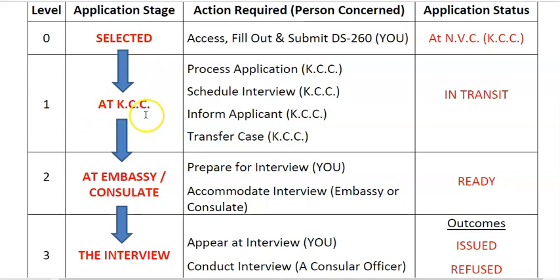As you can see in our diagram, after being selected and after being submitted, then your case now arrives at KCC. Now at KCC, there are a number of tasks that are performed beginning with the processing of your application. So KCC actually processes your DS-260 that you submit to them.